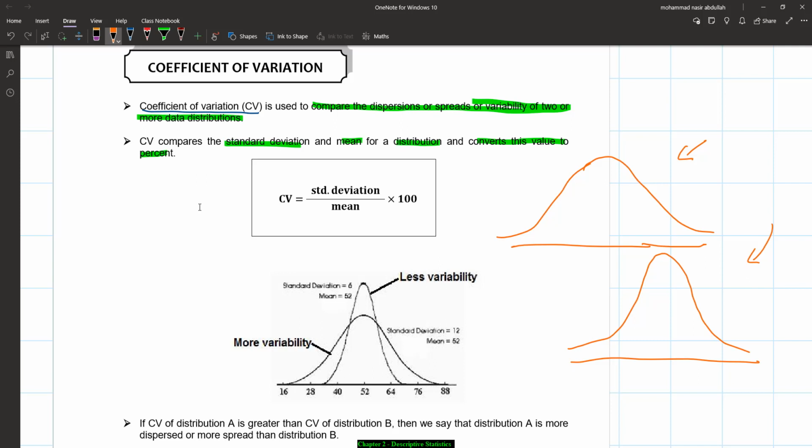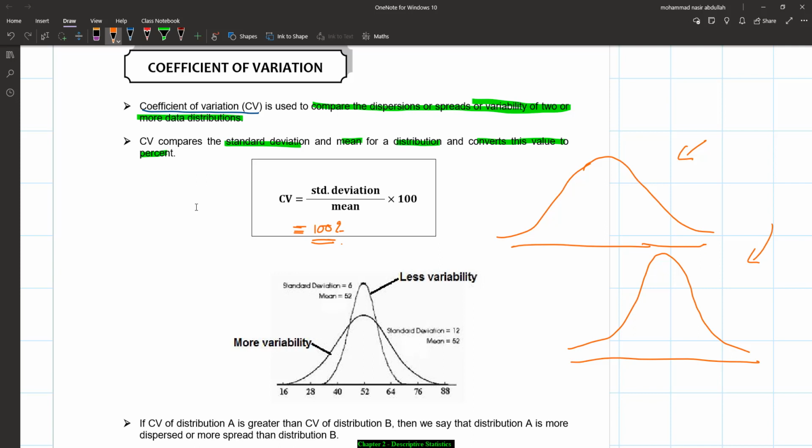So the formula is standard deviation divided by mean multiplied by 100%. So it is expressed in terms of percentage. The smaller percentage represents the more consistent distribution. The larger percentage represents the more spread distribution.